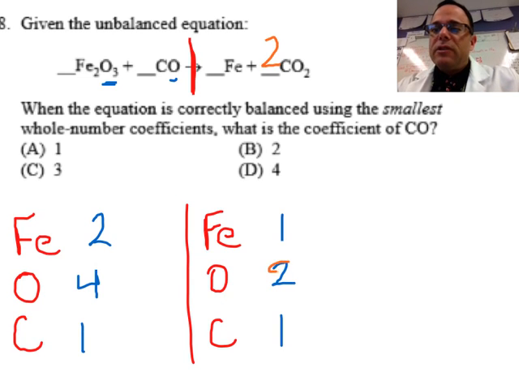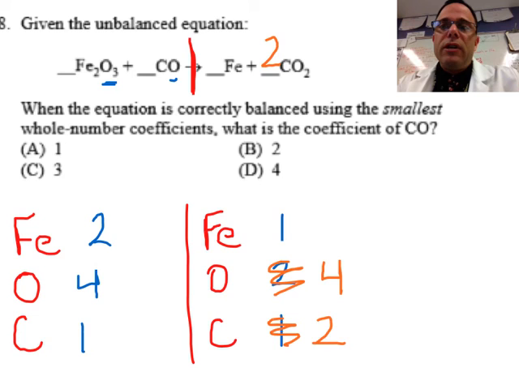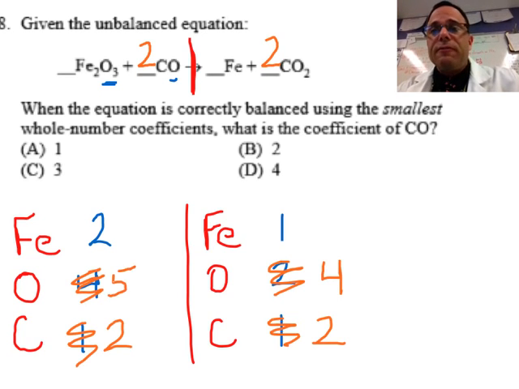Now that bumps this number up to 4, and that balances nicely, but inadvertently it doubled the number of carbons. So in order to affect that, I now need to roll back here so that my carbons increase. But inadvertently, that made my total number of oxygens 5.